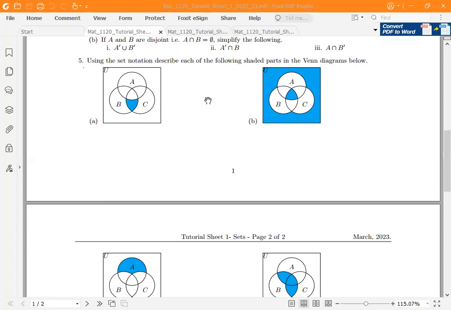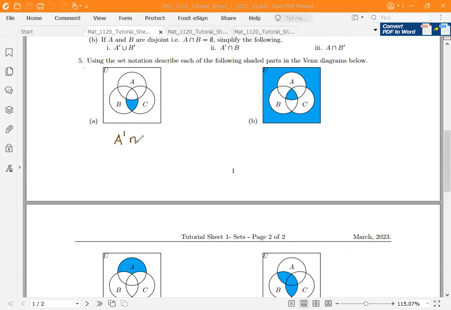But like the first one, we want to describe it. So you'd say, okay, the shaded part does not touch A. So because A is not being touched, I will say A complement. Okay. Now there's so much A complement space that is not touched also. Because A complement is everything outside A, but some parts are not touched, meaning there's an intersection somewhere. Okay.